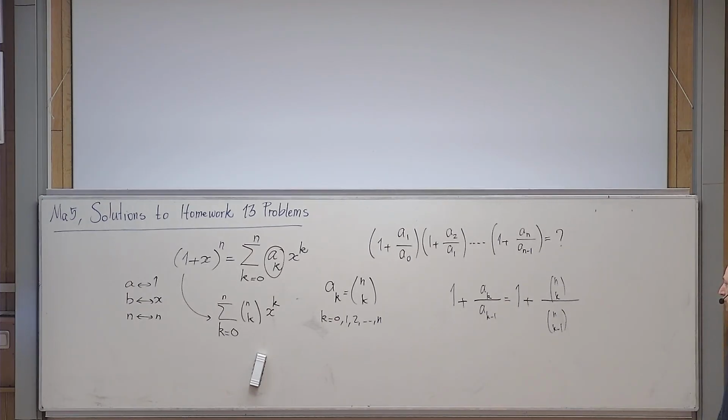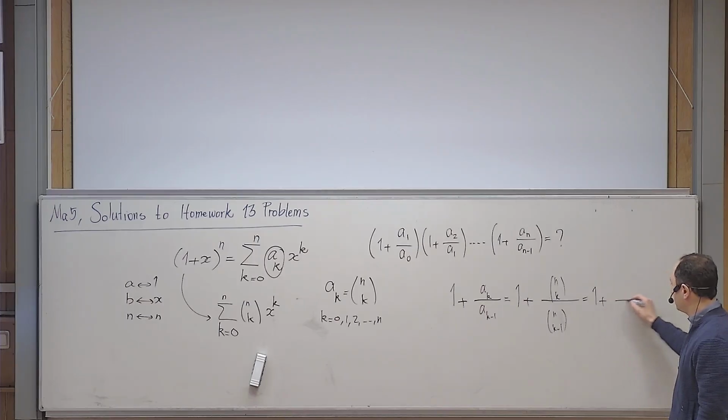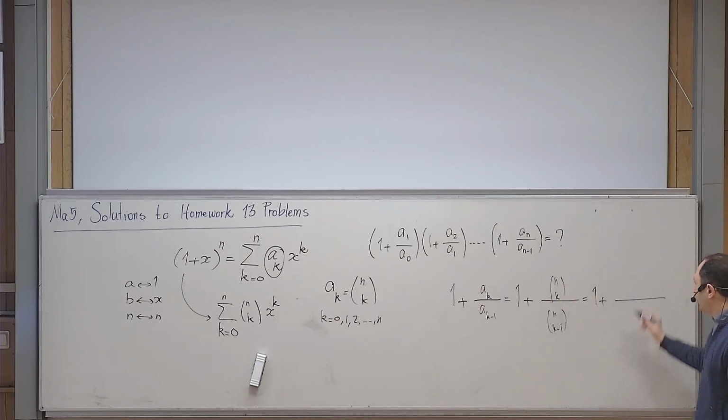I don't know which way is better here. If you take the common denominator, it becomes a Pascal identity, I think. But is it useful? Not that much. Okay, let me simplify it. Why should I make trouble for myself? So the formula for this is not hard, it is n factorial divided by what? K factorial times n minus k factorial.